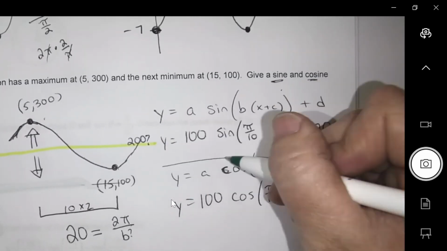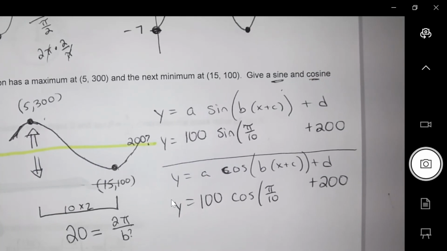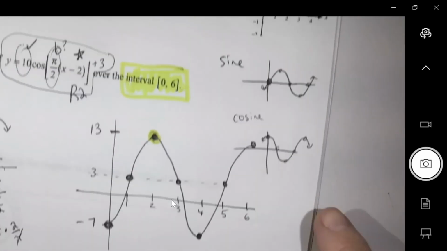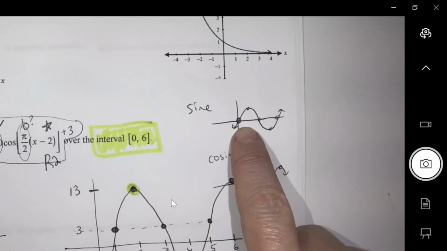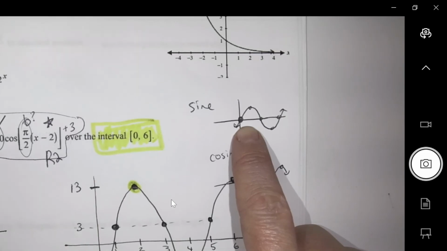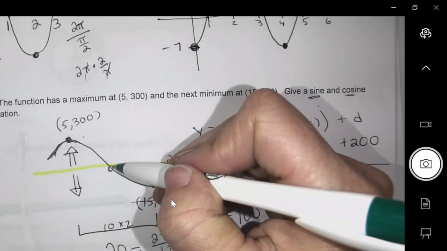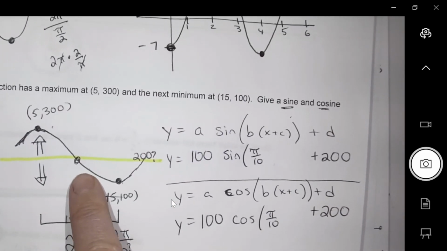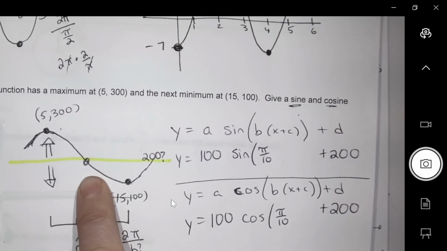Okay, do you notice how everything is the same on both of those equations? The only thing that's going to be different is the starter point. Okay, sine. Where am I going to find a sine starter point? How does sine start? It starts in the middle on its direction up. So is this a sine starter? No, because it's in the middle, but it's heading downward.